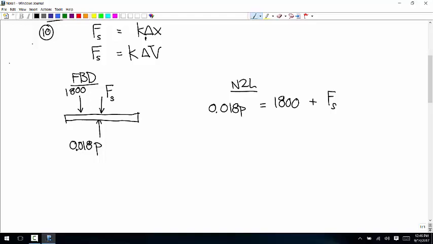It's all just trying to find the pressure as a function of volume. We know that the spring force is a function of volume, and so once we find the function representing that spring force, then we can calculate P.